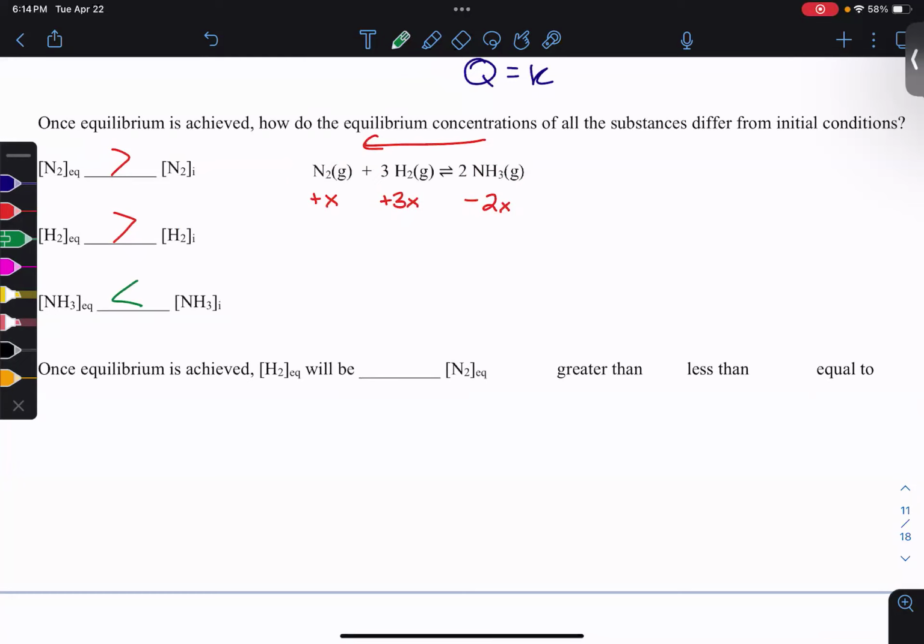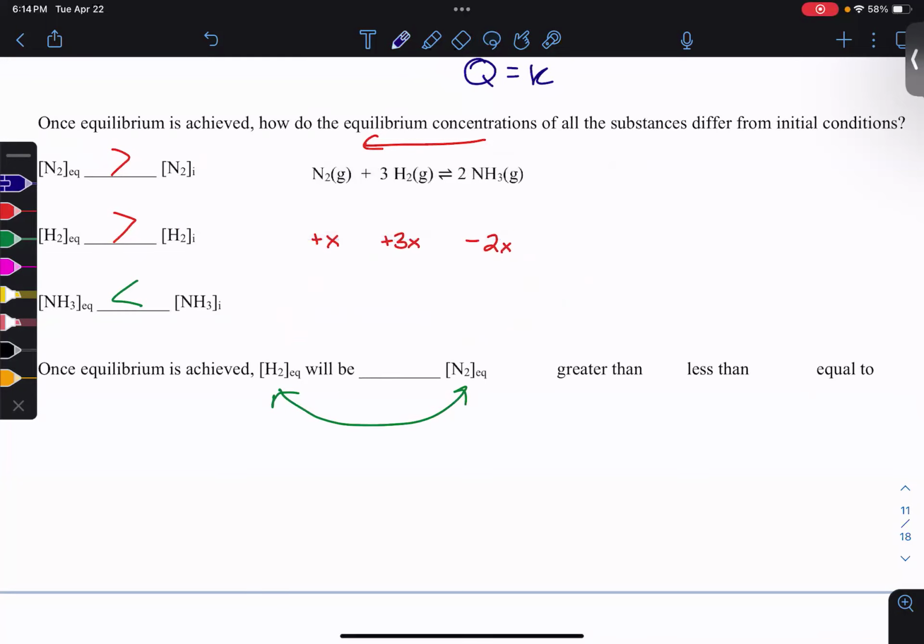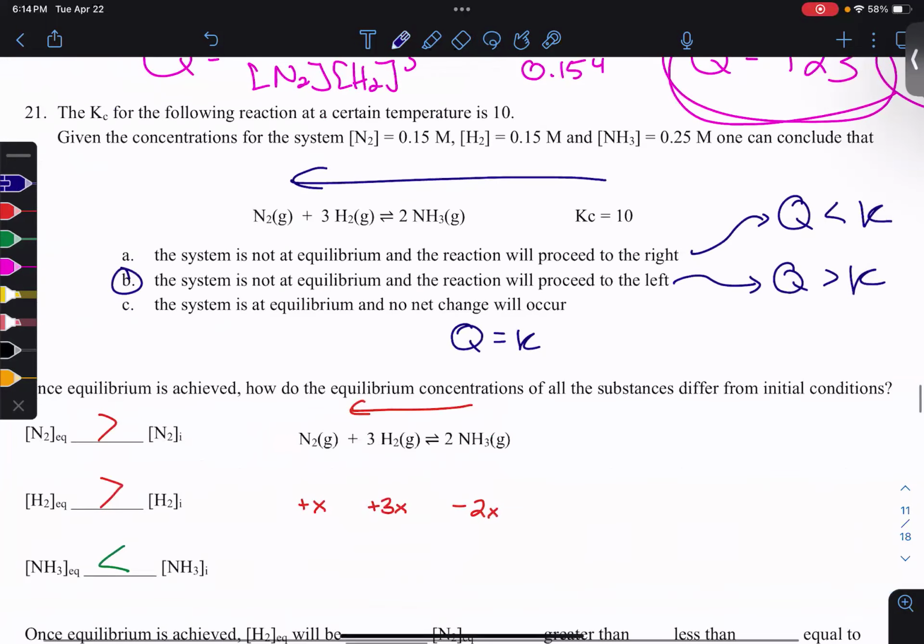And then the last thing here is, okay, once equilibrium is achieved, how is the hydrogen related to the nitrogen concentration? So let me just really quickly, I didn't actually put the initial line in. We don't actually have to calculate anything. So what were the initial concentrations? So this is ICE. So 0.15, 0.15, and this was 0.25.